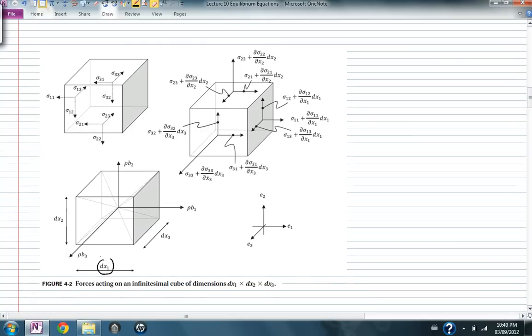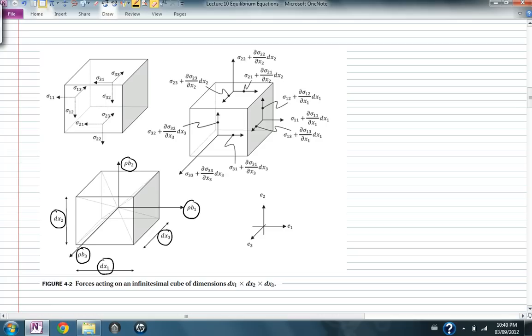The horizontal is dx1, the vertical is dx2, the third direction is dx3. The gravity forces acting per unit volume are rho b1, rho b2, and rho b3.